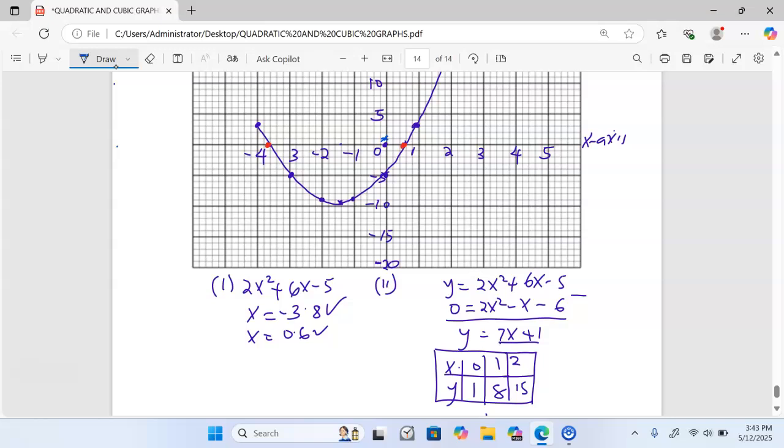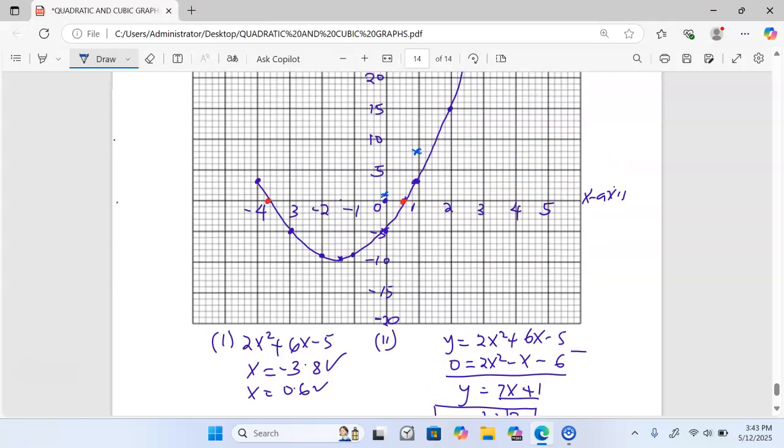When x is 1 at this point, y is 8. That is here. And when x is 2, y is 15 at this particular point here. Now we can draw a straight line joining all the 3 points as follows. We can now move down and get the solutions.